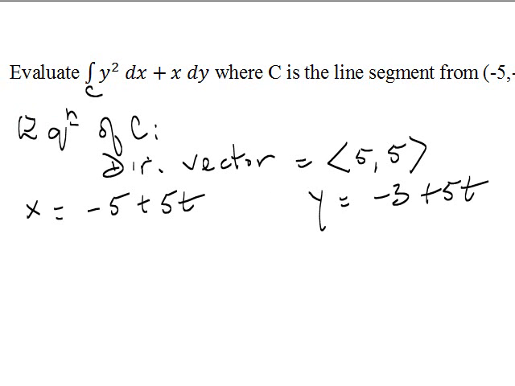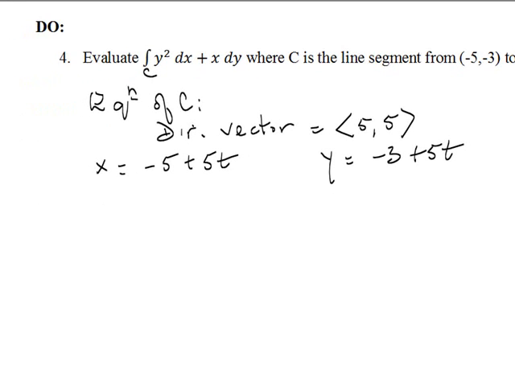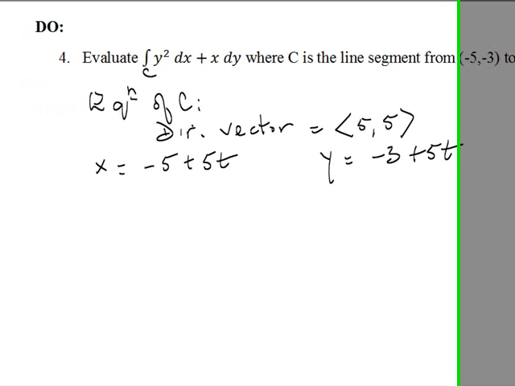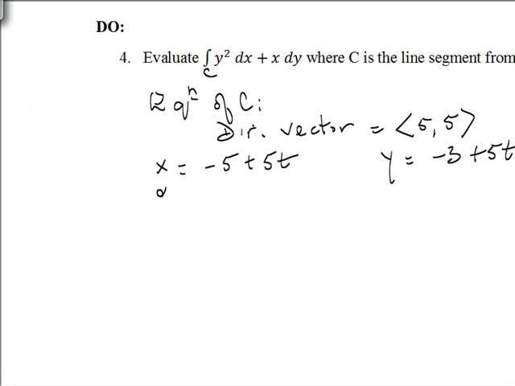And then give me the values of t. Don't even think. Just give them to me. Thank you so much. Okay. What is dx? And what is dy? Same thing.